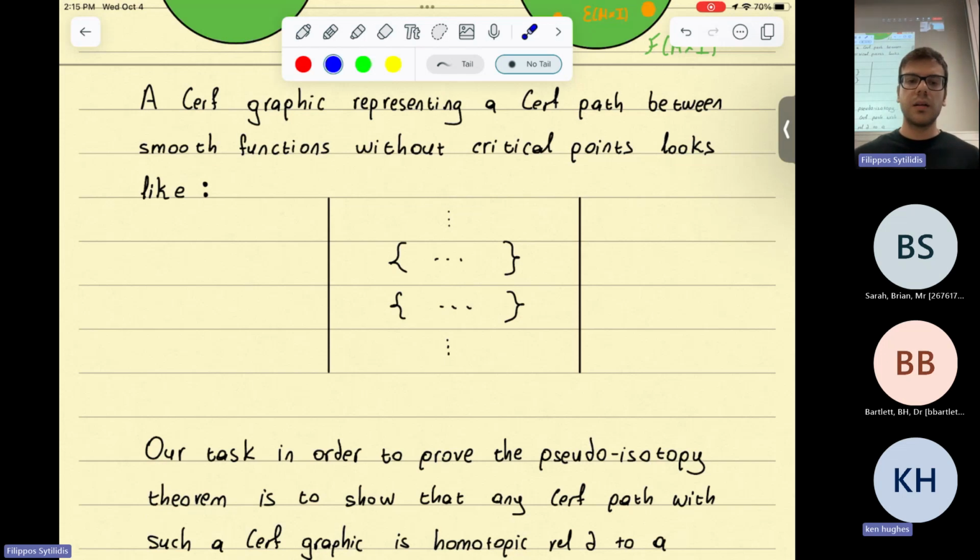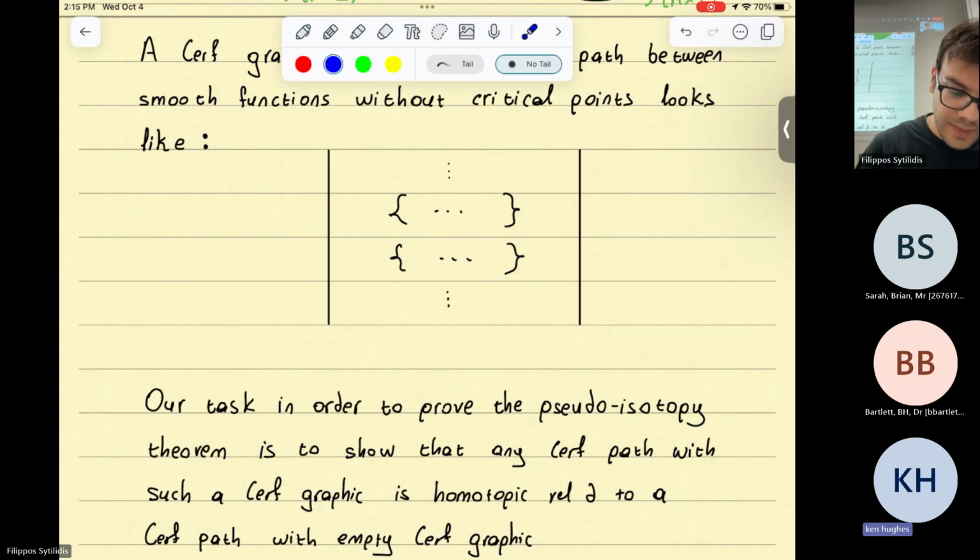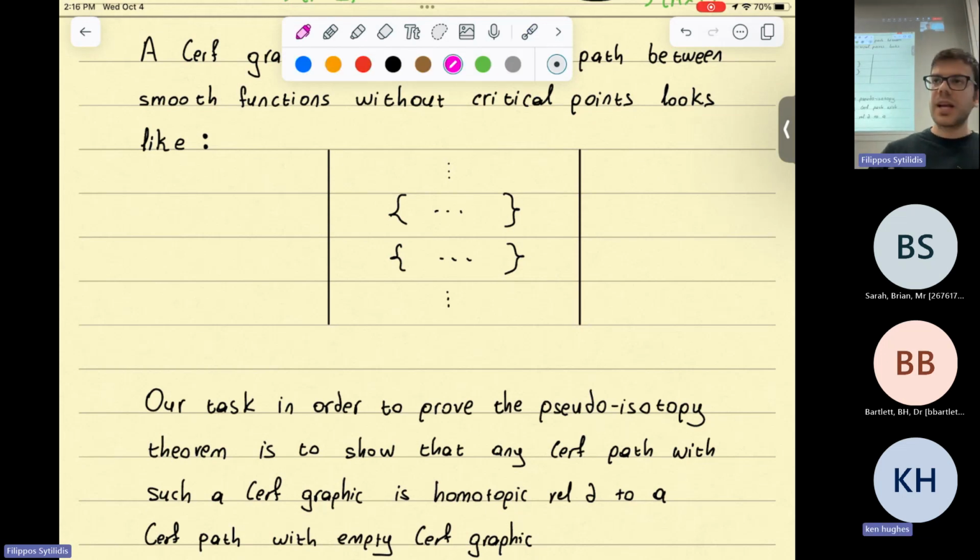So now I'm drawing a Cerf graph. I usually always put it in a box. I guess the reason why I'm doing it as a box is that, just like you have Cerf graphics, you can also think of Morse graphics, right?